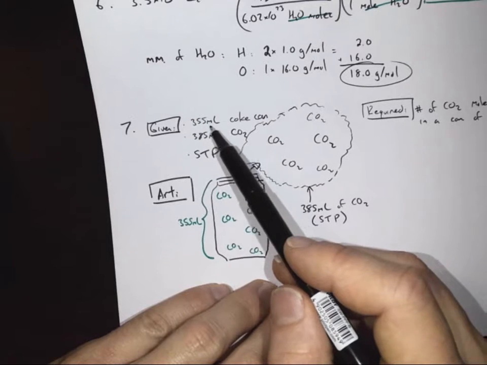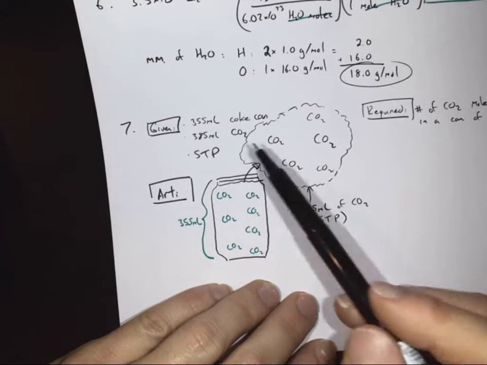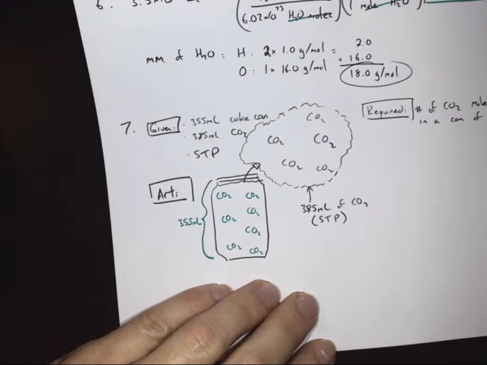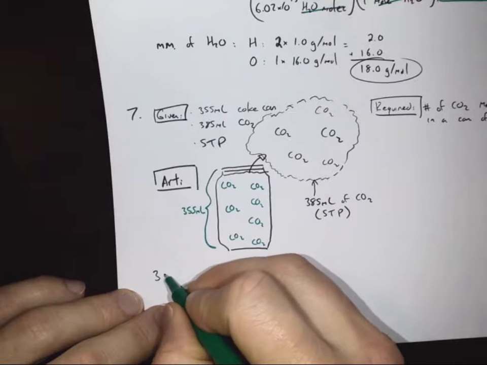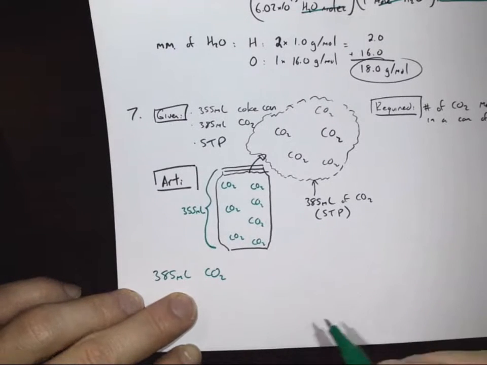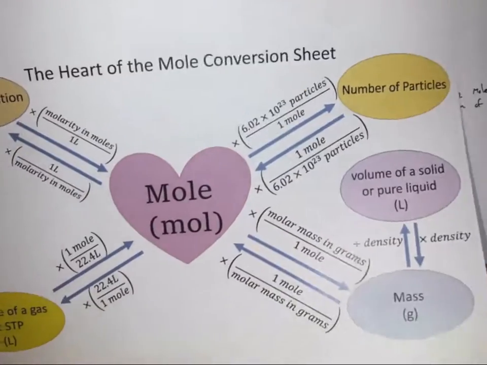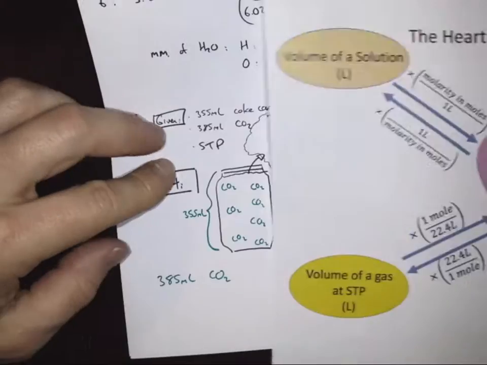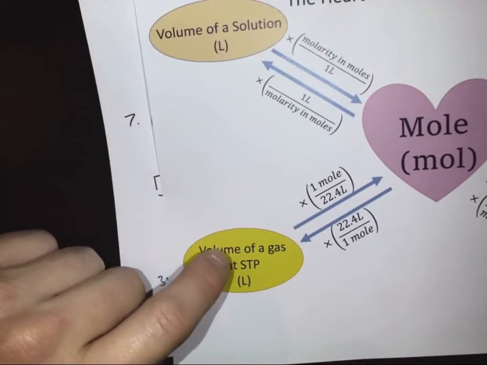This 355 mils just tells me we're talking about a can of Coke. So my starting value is 385 mils of carbon dioxide at standard temperature and pressure. That tells me it's a volume of a gas.